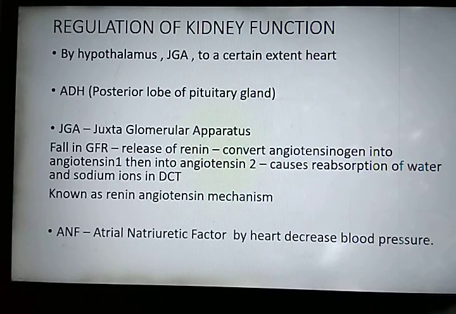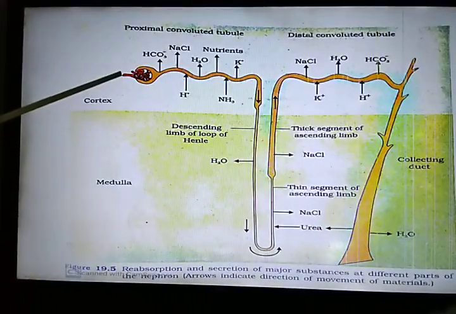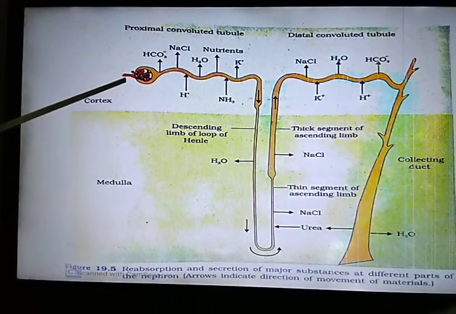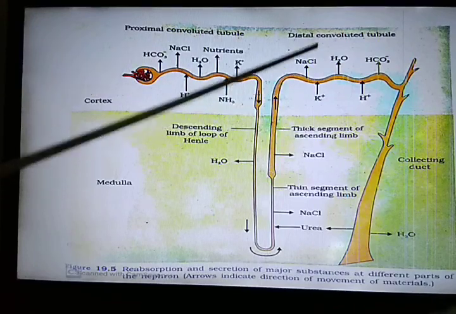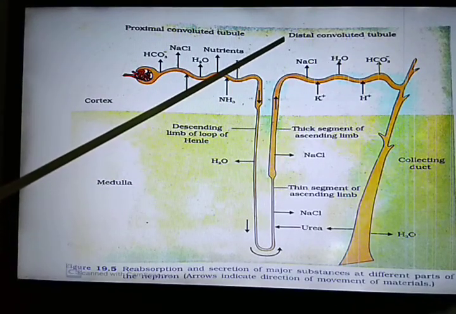Next, we will discuss the juxtaglomerular apparatus and its role in regulation of kidney function. The juxtaglomerular apparatus consists of juxtaglomerular cells, and these cells are present in the endothelium of the efferent arteriole and in the epithelium of the distal convoluted tubule.